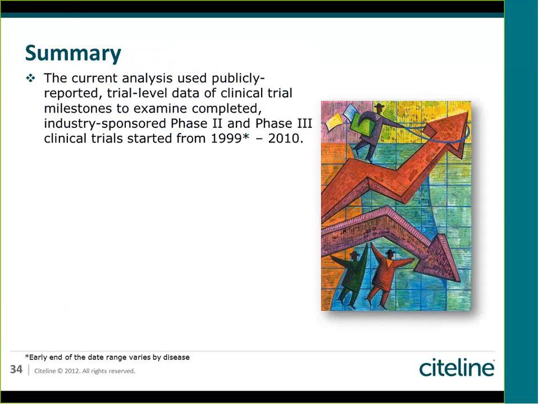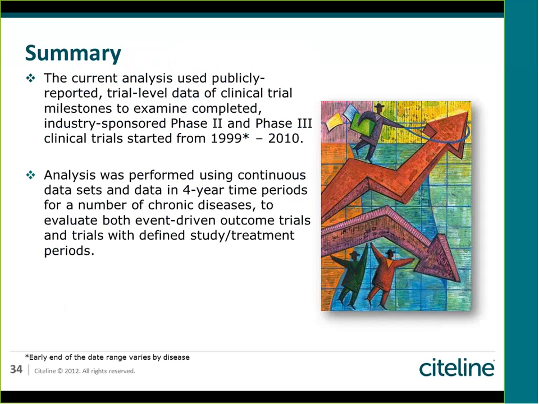So to summarize, the current analysis used publicly reported trial-level data of clinical trial milestones to examine completed industry-sponsored Phase 2 and Phase 3 trials that were started from 1999 to 2010. A couple of analyses were performed.